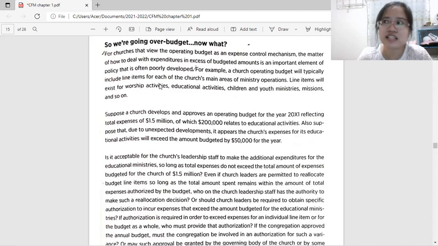So in that case, maybe there are at least two things you can do. First one would be to borrow money so that you can offset the over budget, or the second one would be to raise additional contributions from the members. Okay.